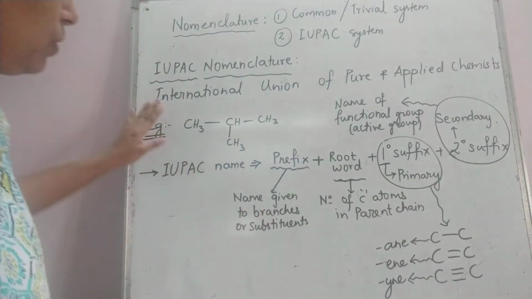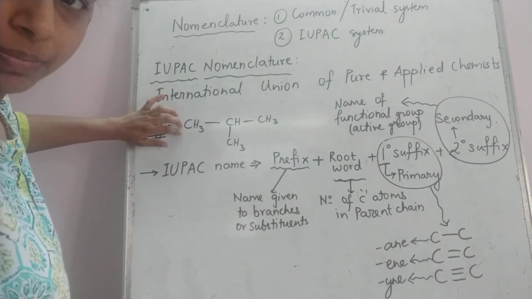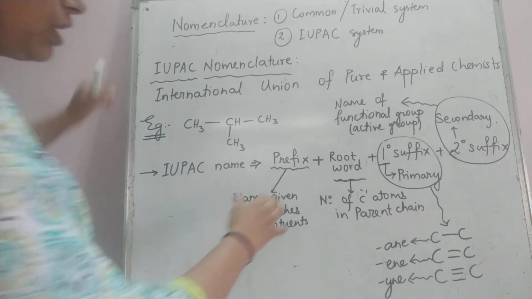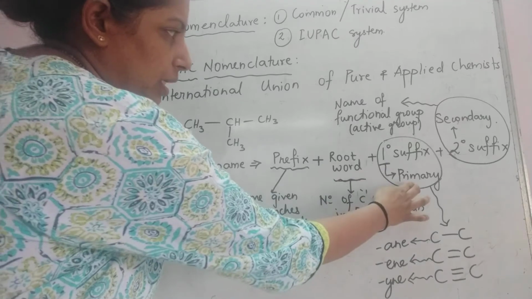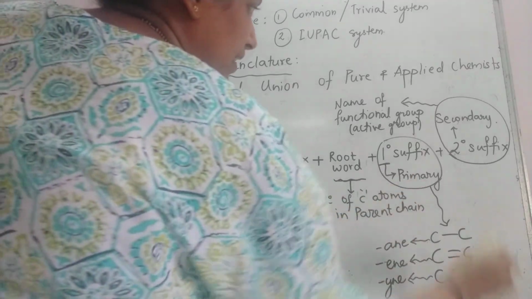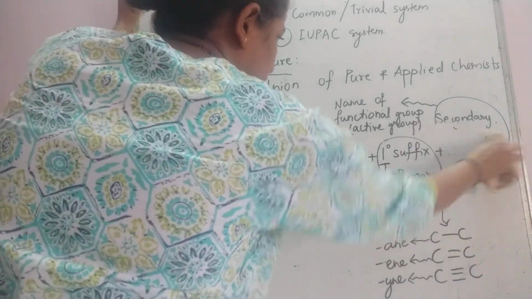Now when we discuss this example, we will mainly focus on the first three parts: prefix, root word and primary suffix. Secondary suffix will be learned by us later on.